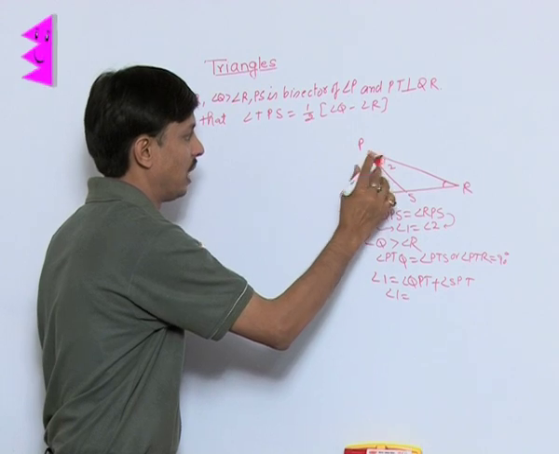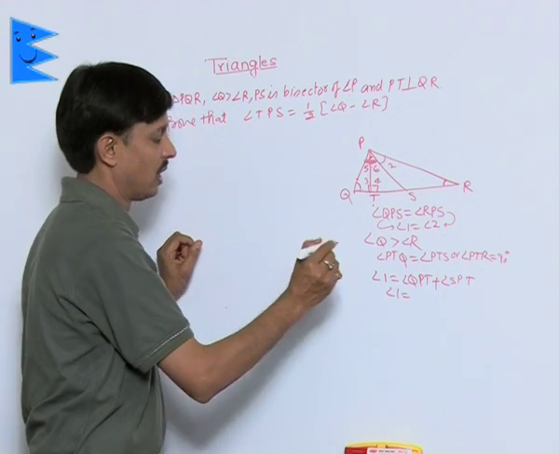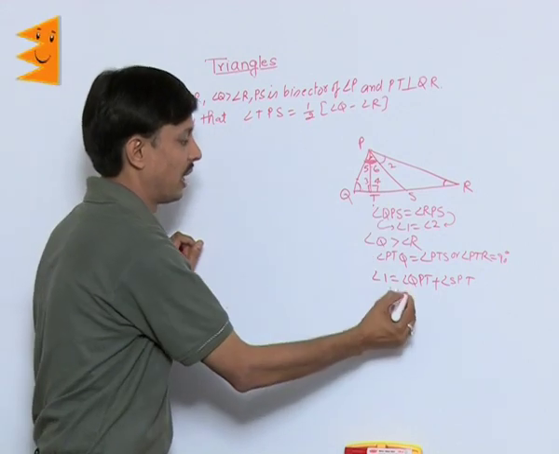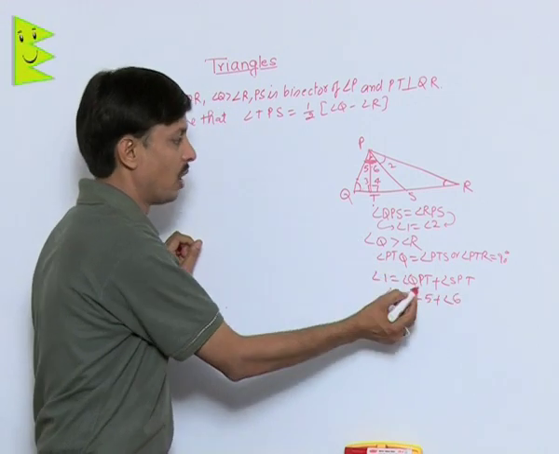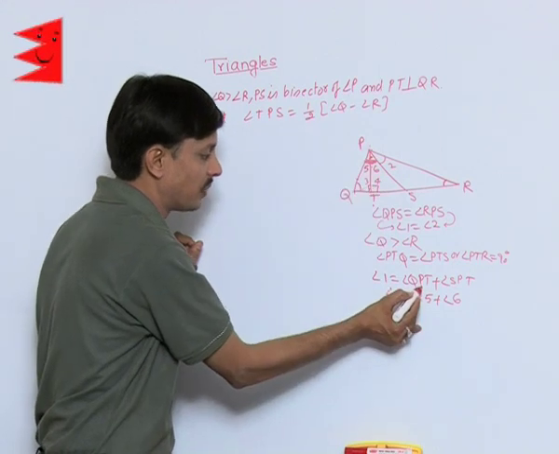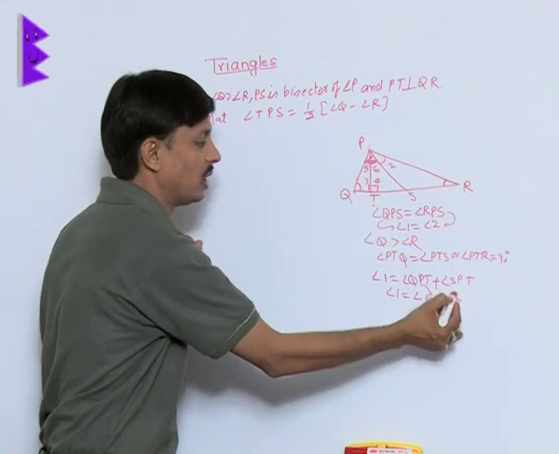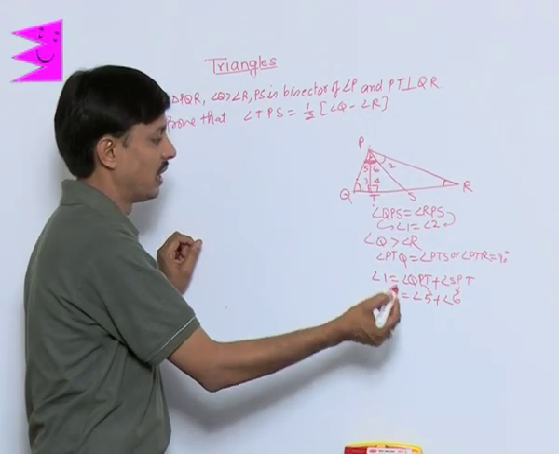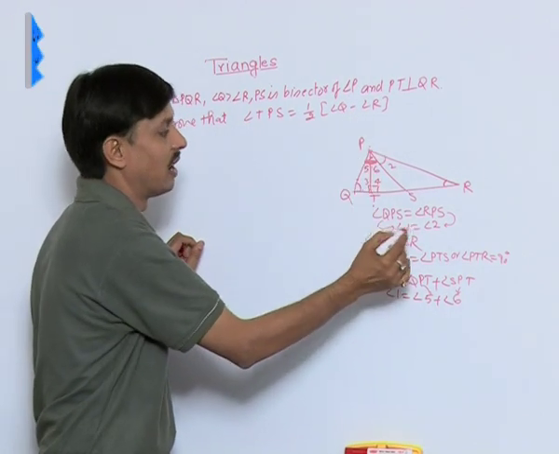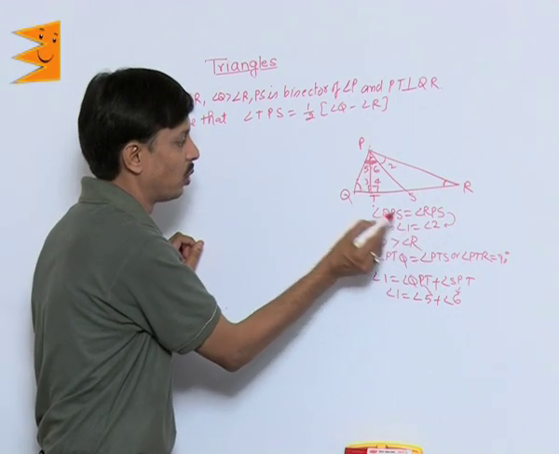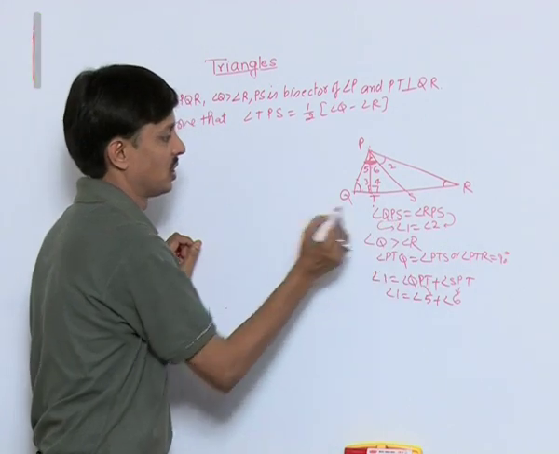This angle is 5 and this side I can say 6, and the entire angle is 1. So what conclusion can I draw? Angle 1 is the sum of angle 5 plus angle 6. 5 stands for QPT and 6 stands for SPT. So 5 and 6 are clear. Angle 1 seems missing because of the lot of construction and lines, but angle 1 is equal to 2, and 1 is named as QPS, as clear from this discussion.